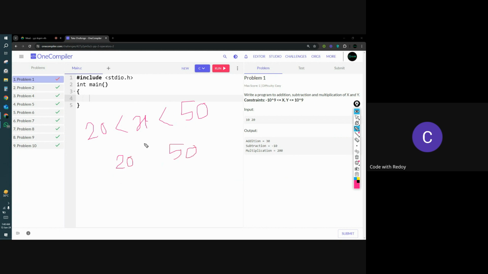That means the value of x must be between 21 to 49. Is it right? Yep, 21 to 49.